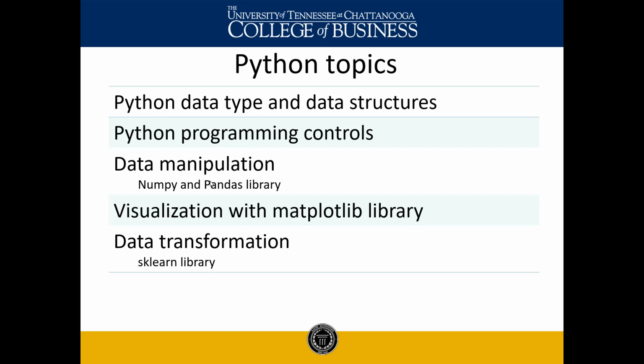And then for data manipulation, there are 2 basic libraries that are extremely helpful and make our task very efficient: NumPy, numerical Python, and Pandas. And then for visualization, we will use the matplotlib library. And for data transformations, the transformations that I talked about, we'll use the sklearn library. So these are the Python topics that we will be covering.